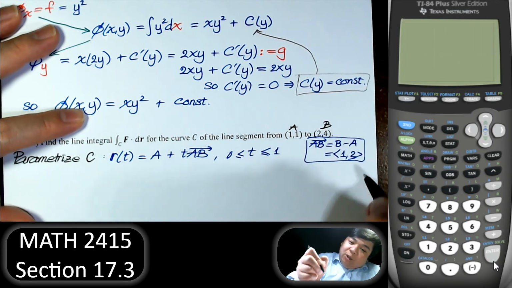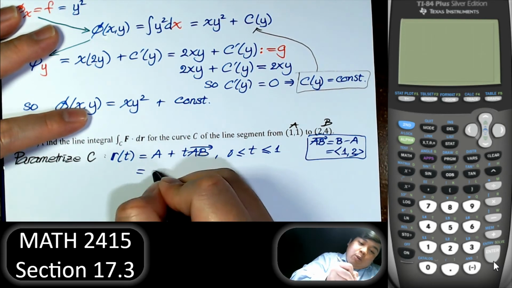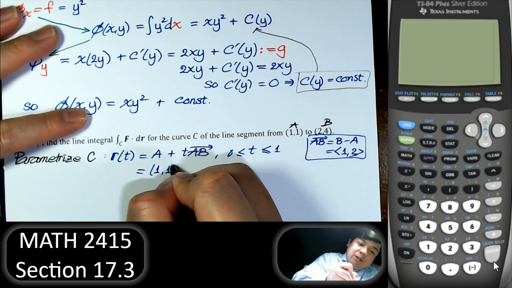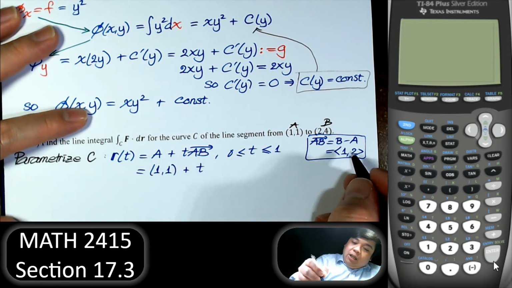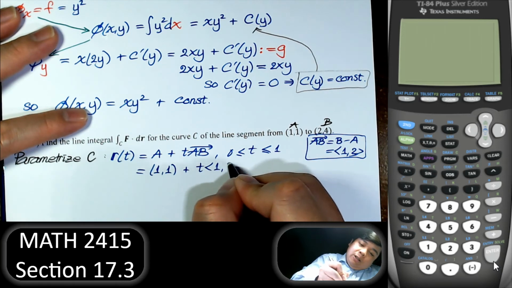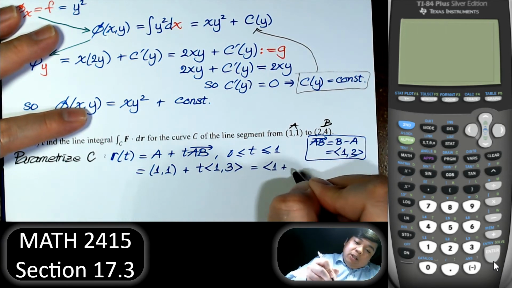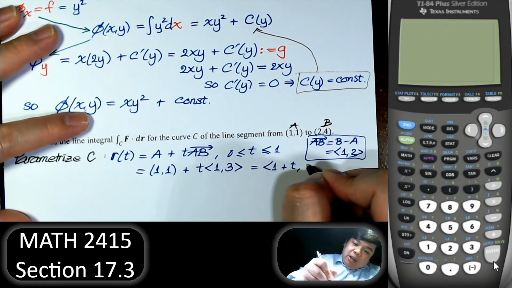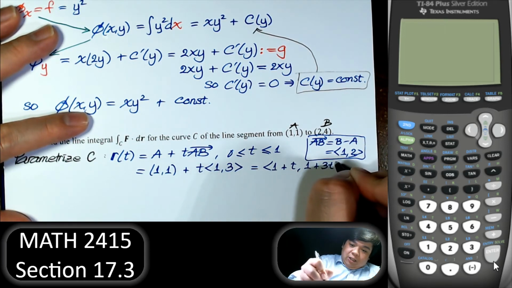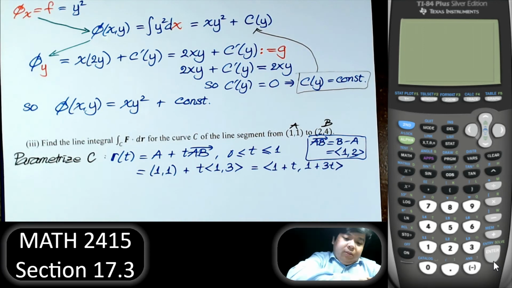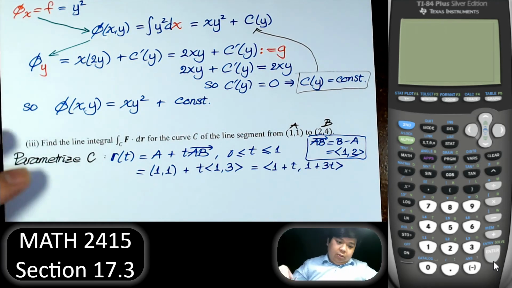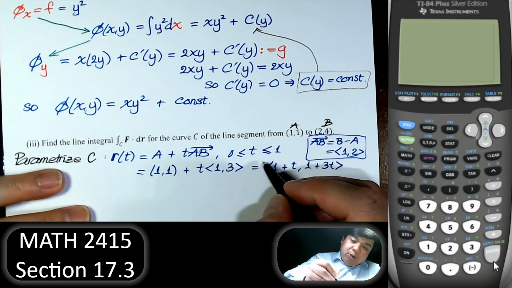So 3, 1 and 3. So we have the point 1 and 1, plus t times 1 and 3. So that gives us 1 plus t and 1 plus 3t.